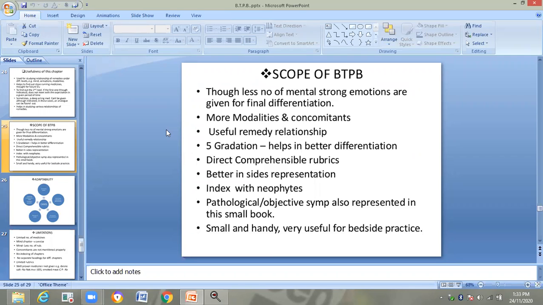His work, that is relationship of remedy section, this is a unique work and this chapter is also unique and very much useful from the clinical point of view.